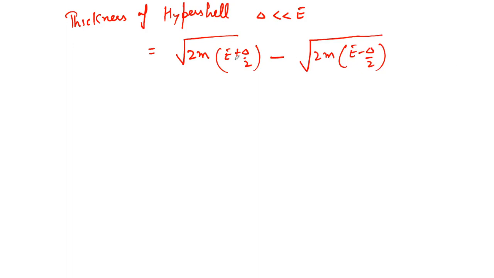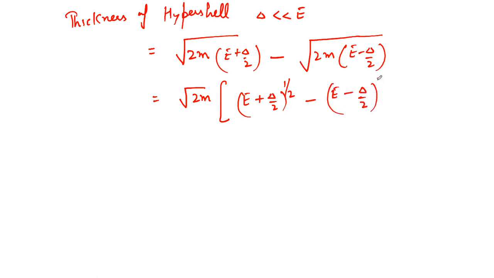This value lies between the maximum and minimum values of the thickness of our hypersphere, and we can solve this by taking square root of 2m as common, so the equation becomes (E plus delta by 2) to the power 1 by 2 minus (E minus delta by 2) to the power 1 by 2.